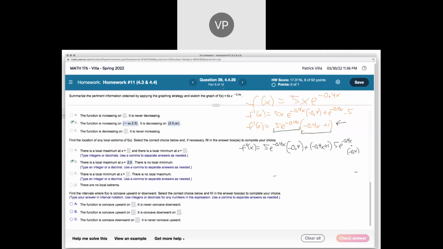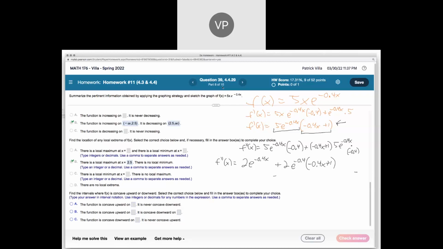And again, a lot of these steps, you can't cheat your way out of, is you have to clean this up a little bit. You have to use your algebra. So 5 times negative 0.4 gives me a 2e to the 0.4x for that first term. Over here, I'm also getting a 2e to the negative 0.4x, it's just times 0.4x plus 1.